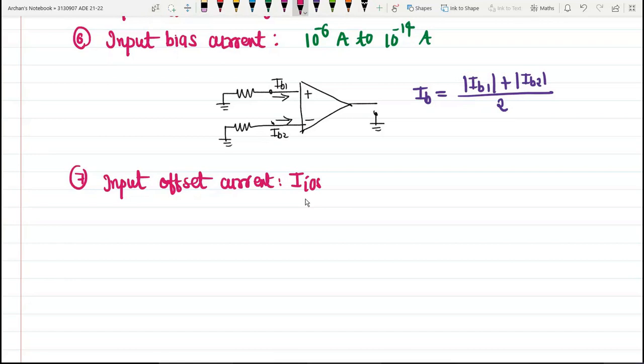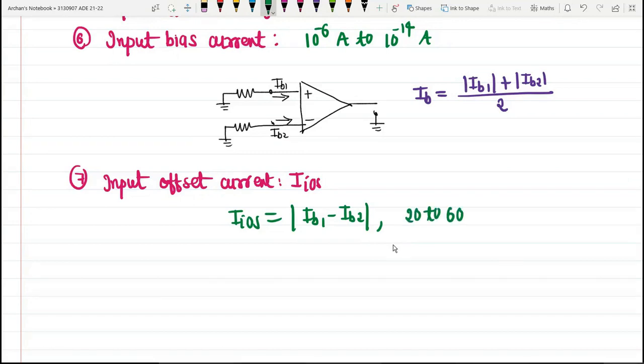So now if we talk about the value of input offset current, then it is given by the difference between the two input bias currents, that is IB1 minus IB2. Okay. So the magnitude of this current is very small and it is generally of the order of 20 to 60 nanoamperes. Okay. And it is measured under the condition that input voltage to the op-amp is 0. Okay.